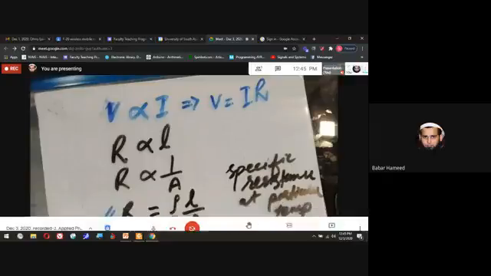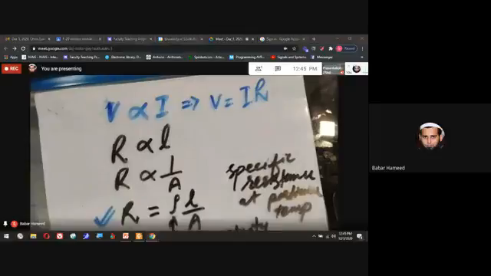So for a constant value of R, we can say that if the value of V is increased, the value of I increases. If V is decreased, I decreases.